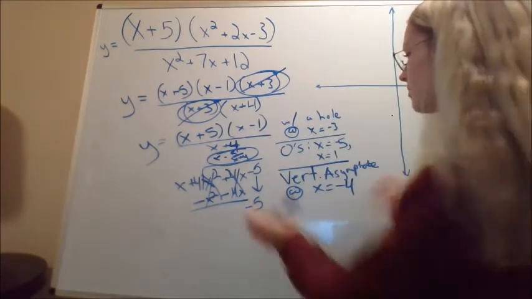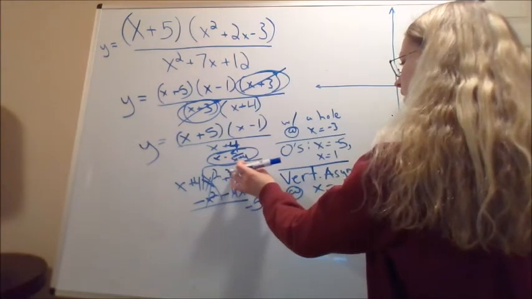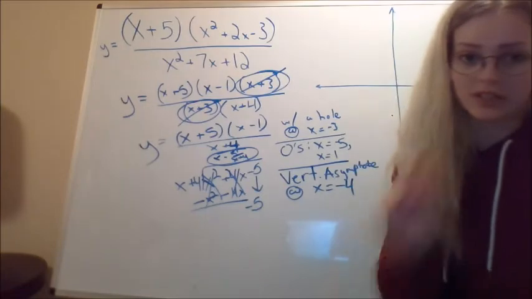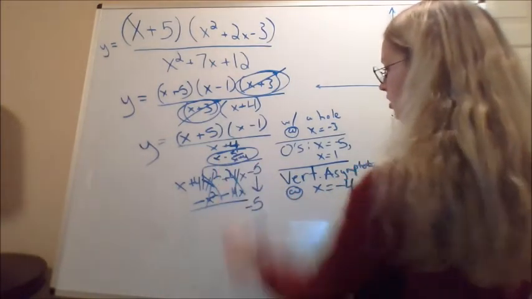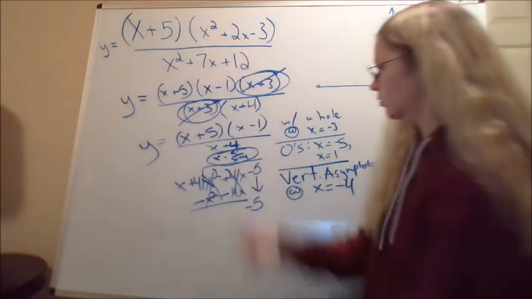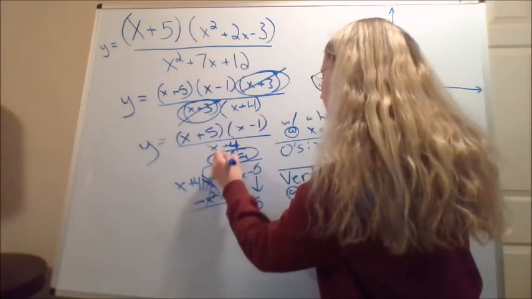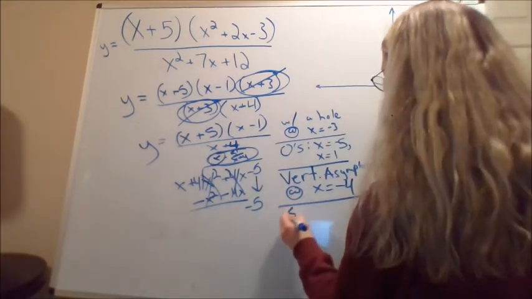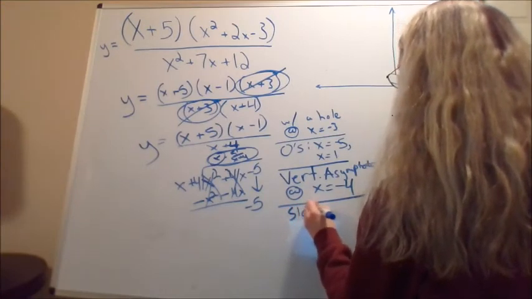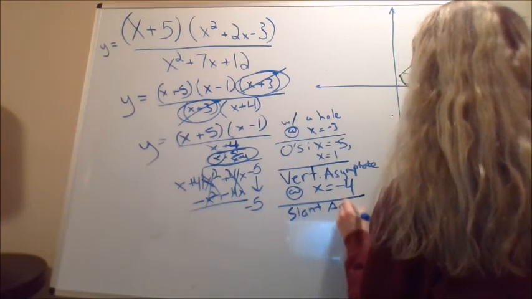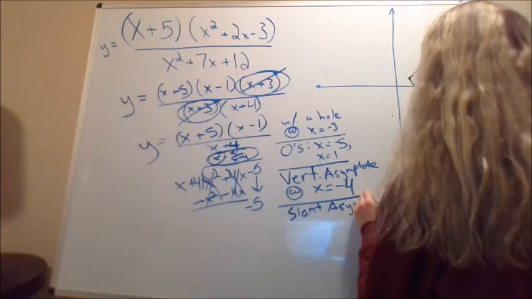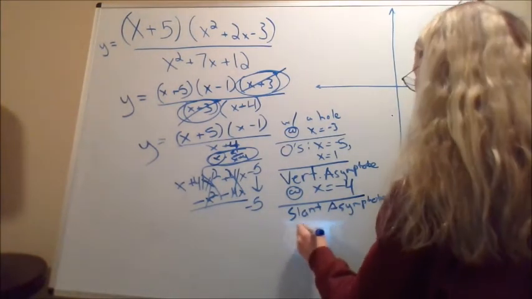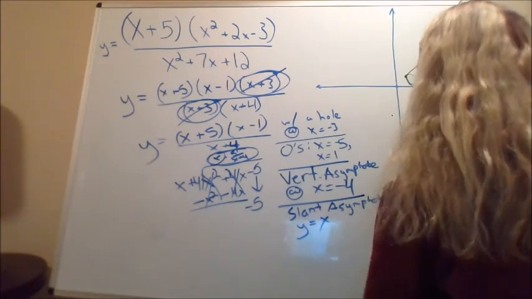And so when this happens, this negative 5 over x plus 4 will become very, very tiny and very, very insignificant. So this expression here will approach y equals x. And so our slant asymptote will be at y equals x.